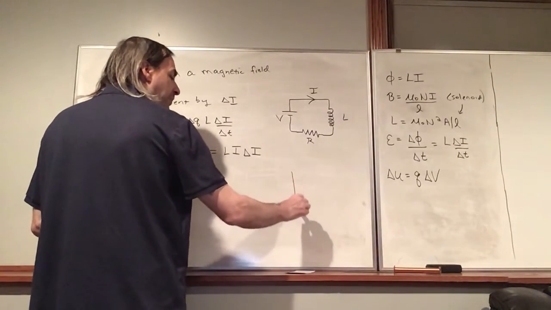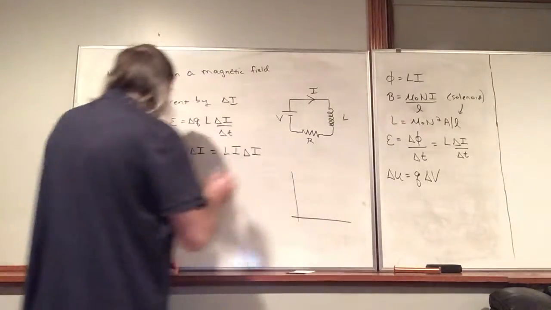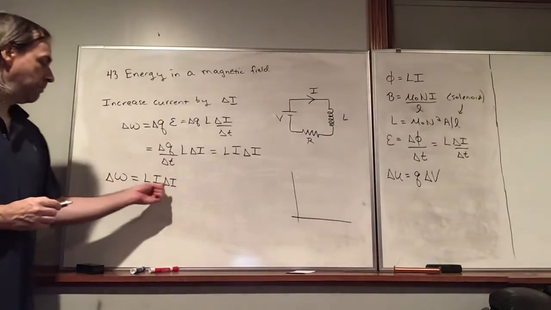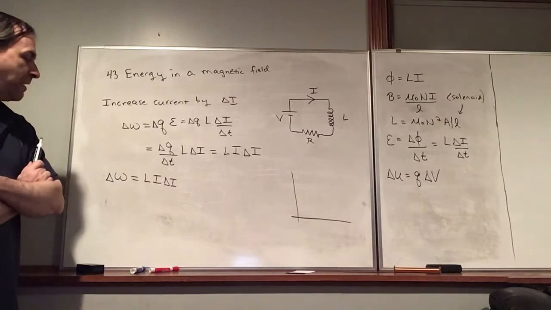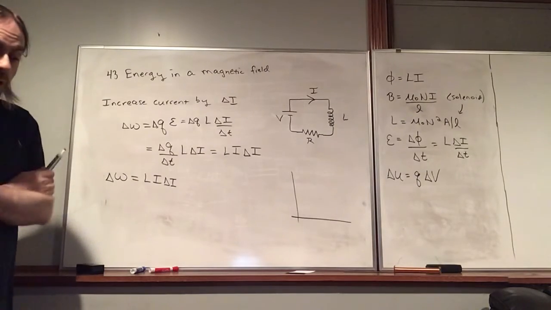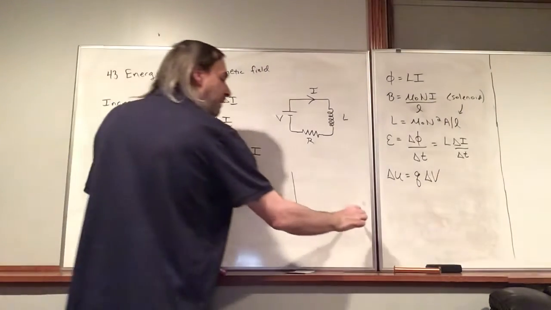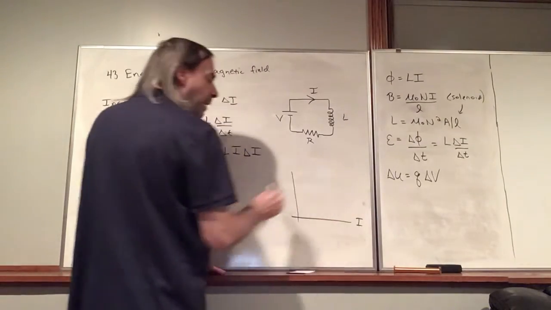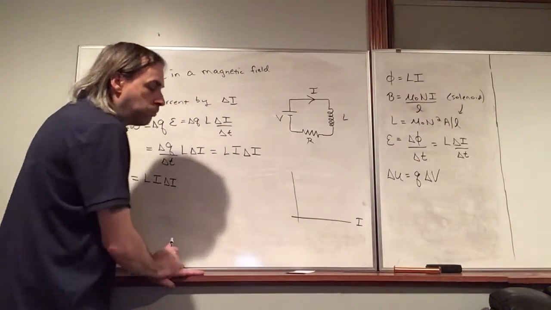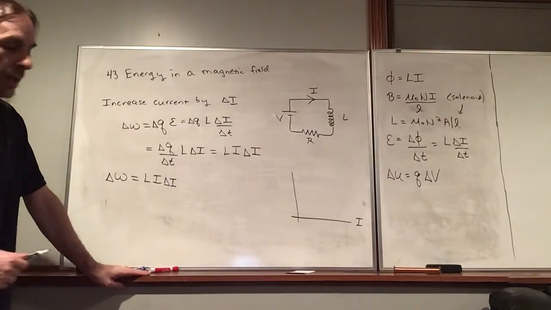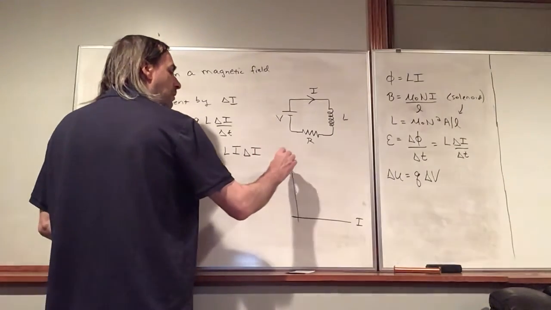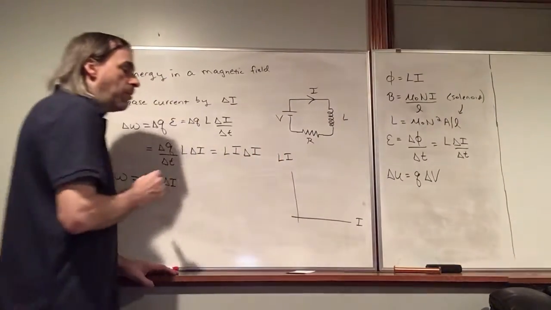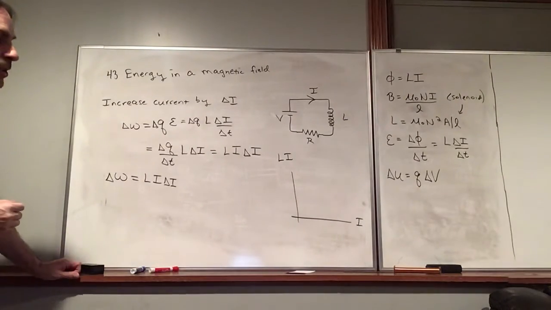Now this is a difficult thing to calculate because the current doesn't have a fixed value. It's starting at 0, ending up. So let's say we plot the current on the horizontal axis, and on the vertical axis we plot the inductance times the current.